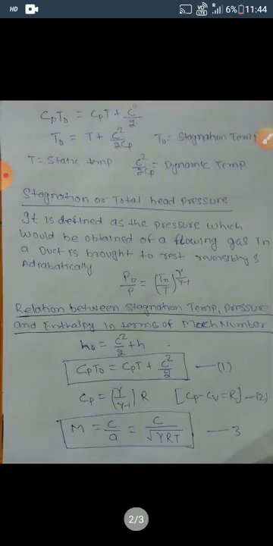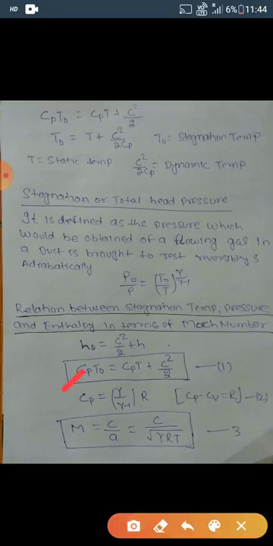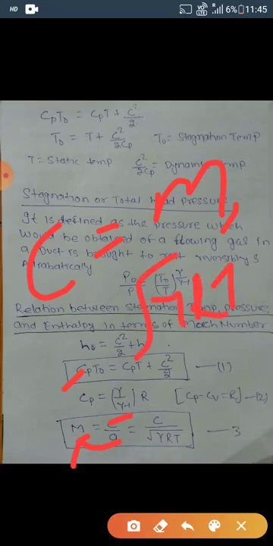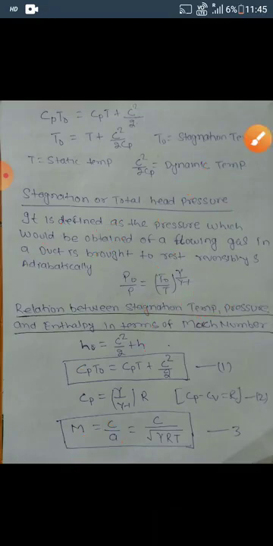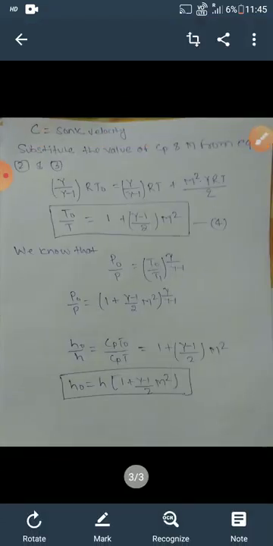In this equation, put the Cp value and the sonic velocity, C equal to M root of gamma R T. So you can write gamma by gamma minus 1 into R T naught equal to gamma by gamma minus 1 R T plus M square gamma R T by 2.